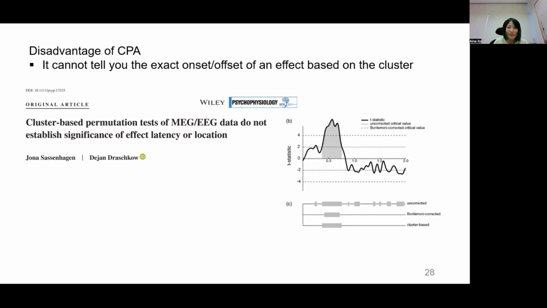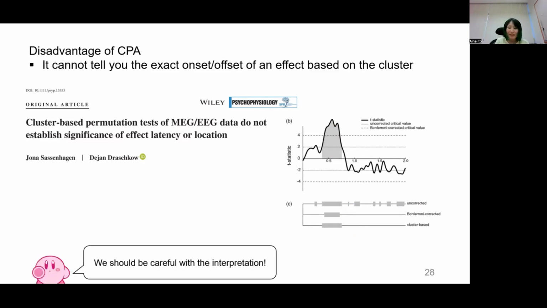So we should be a bit careful about how to interpret the cluster. We can conclude that these conditions differ in the window that we looked at, but we shouldn't conclude that this effect started at this point and ended at this point or lasted for so many milliseconds.